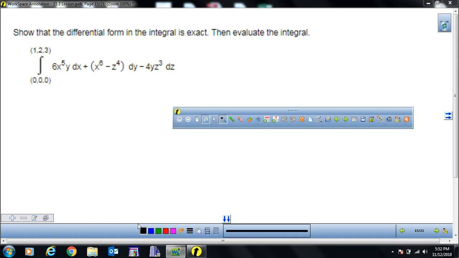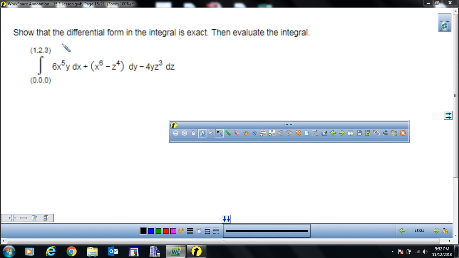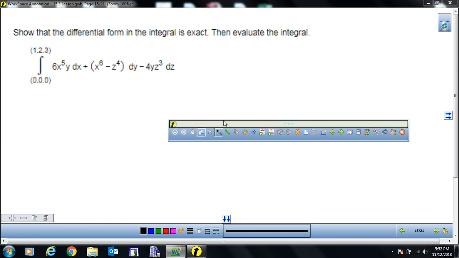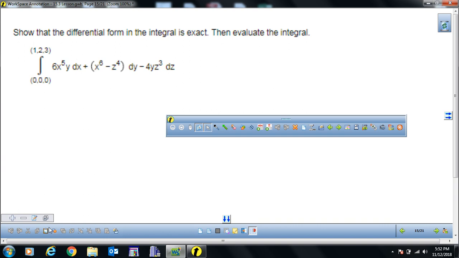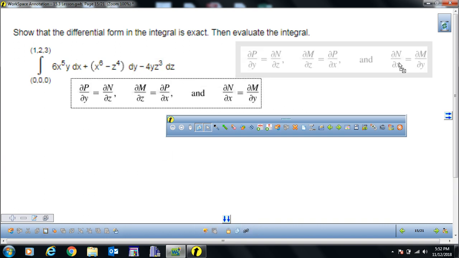So what we need to determine first: right here it would be really hard to evaluate the integral, especially because of this triple point, and because this is dx, this is dy, this is dz. It would be a long process to do the integral the way it is written. So we're going to use the following definition. First of all, we're going to determine if this is exact.